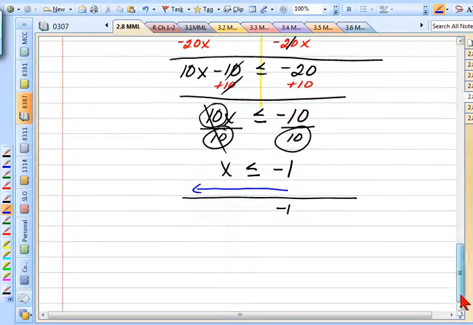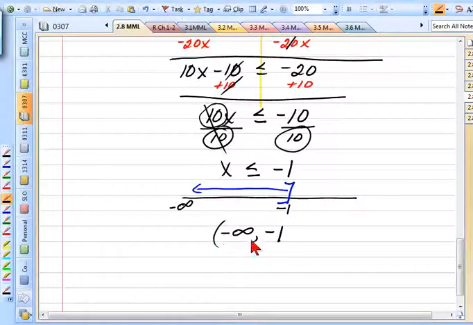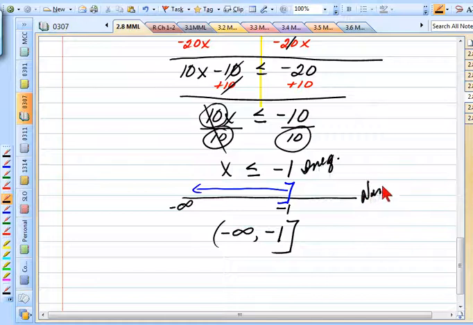And then, as an interval, negative infinity, negative 1, because you must start left to right when you name an interval. Parentheses, bracket. So, inequality, number line, interval.